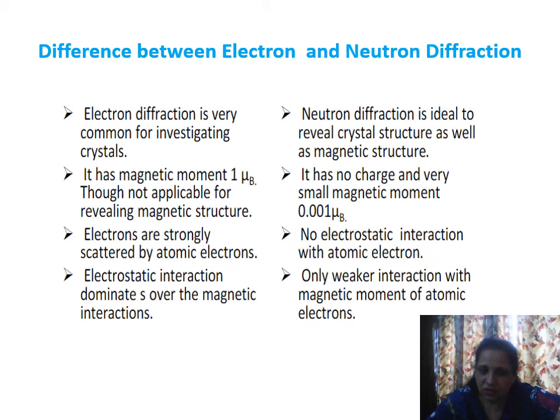Electrons are strongly scattered by atomic electrons, but there is no electrostatic interaction with atomic electrons in neutron diffraction. Electrostatic interaction dominates over the magnetic interaction in electron diffraction, but there is only a weaker interaction with the magnetic moment of atomic electrons in neutron diffraction.